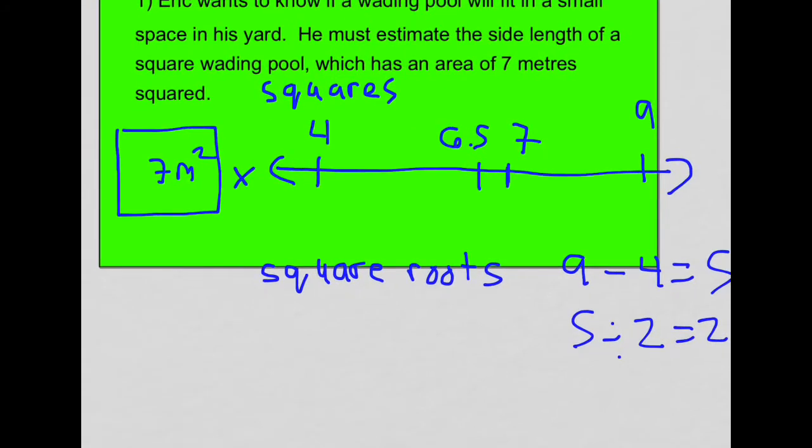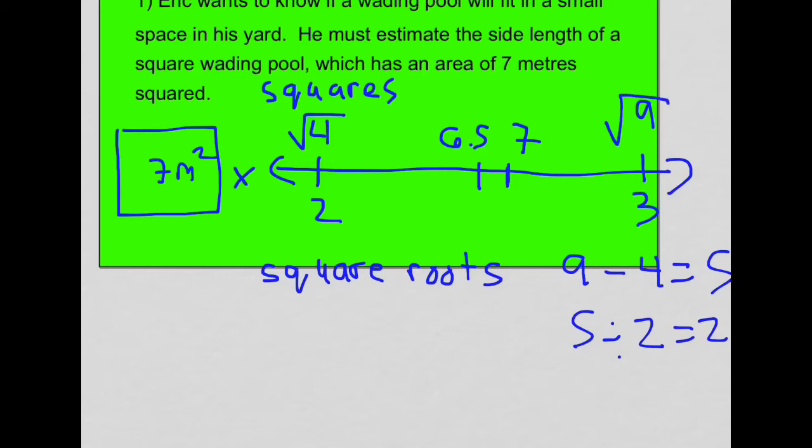Now, I want to estimate the square root of 7. I'm going to use my knowledge of perfect squares to do this. So the square root of 4 is 2. And the square root of 9 is 3.